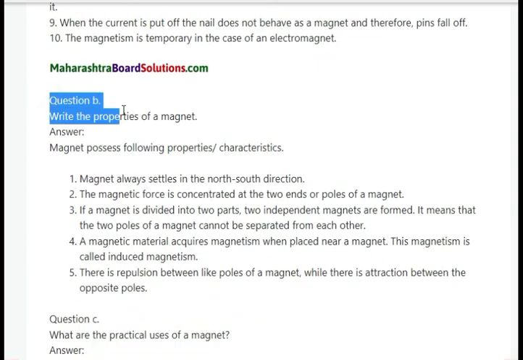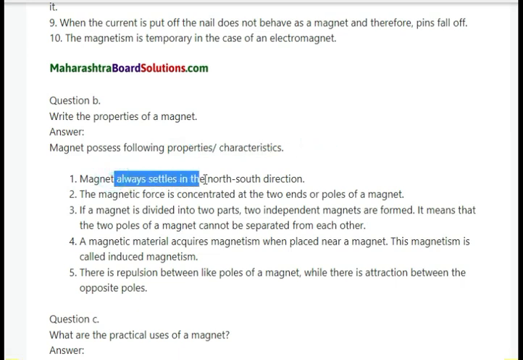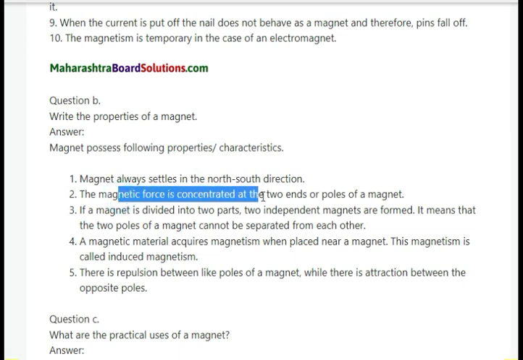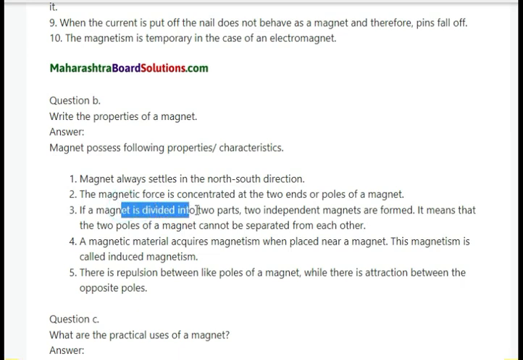Question B. Write the properties of a magnet. Answer: the magnet possesses the following properties. A magnet always settles in the north-south direction. The magnetic force is concentrated at the two ends, the poles, of a magnet. If the magnet is divided into two parts, two independent magnets are formed.